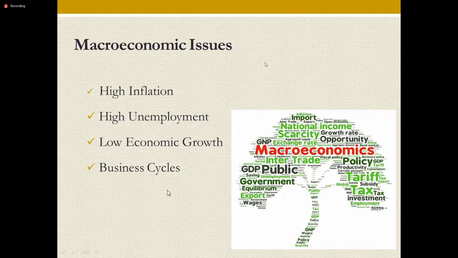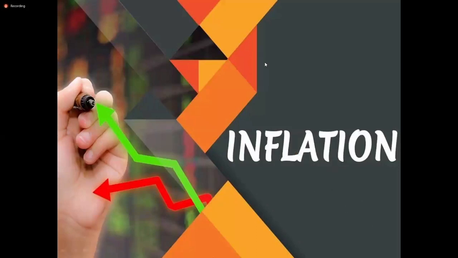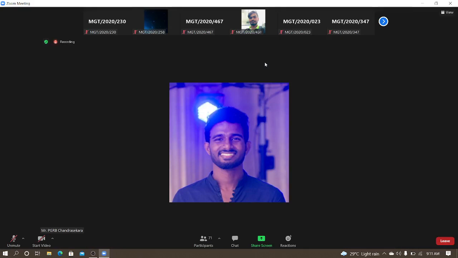Likewise, there may be many macroeconomic issues. But as per the time limits granted for us, we are going to identify these 4 macroeconomic issues. Inflation, unemployment, economic growth and business cycle. Before going ahead, are you okay up to now?